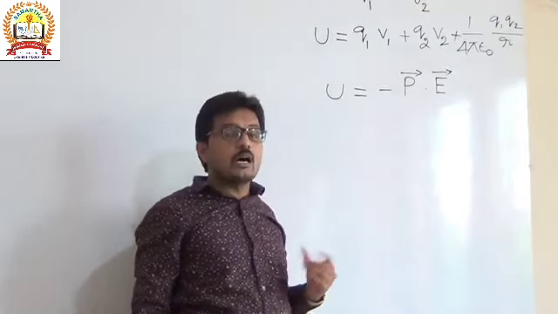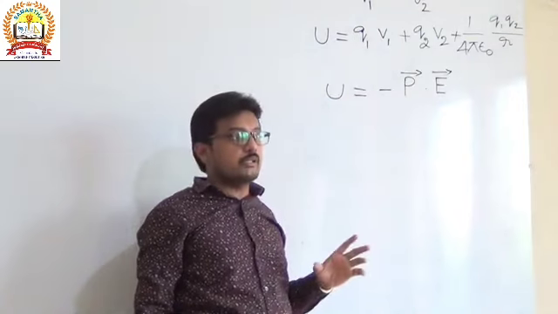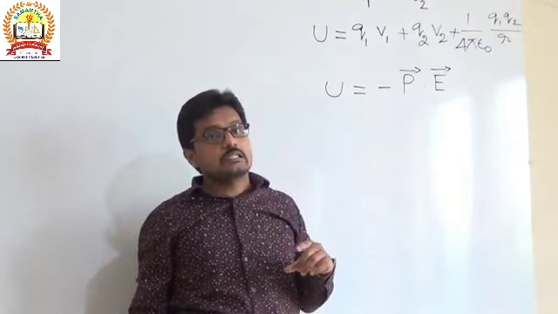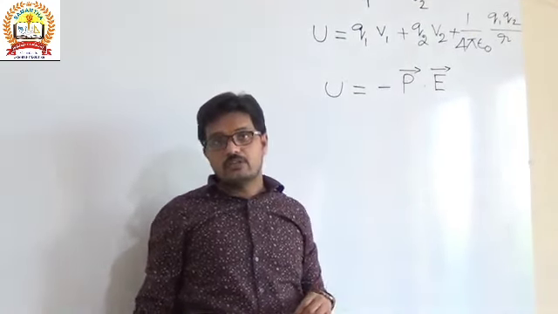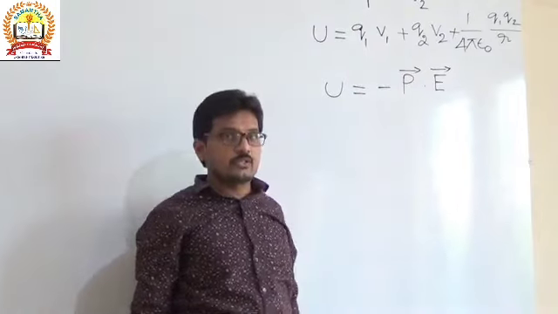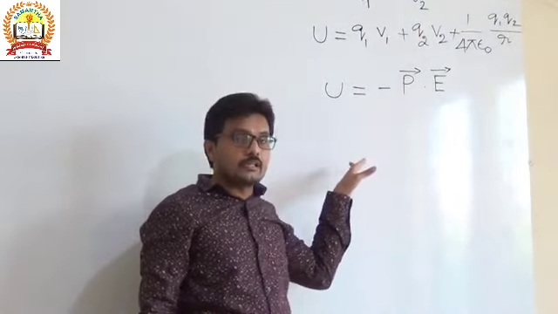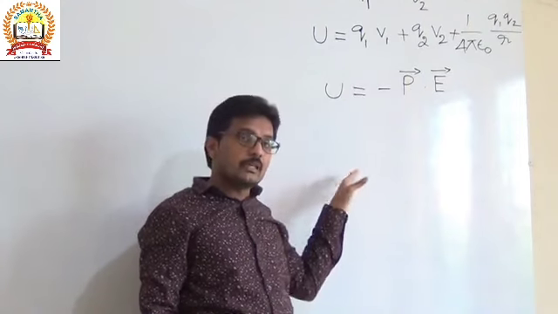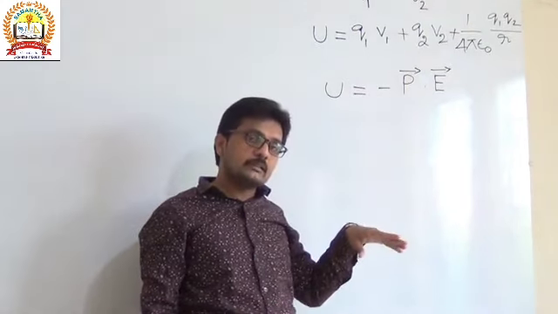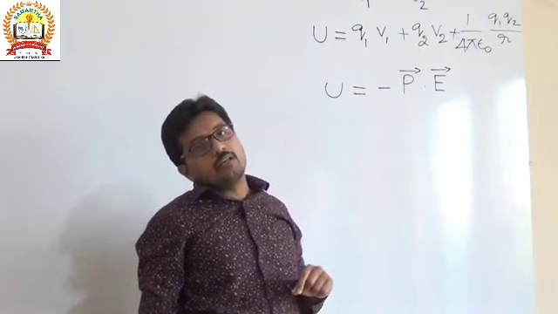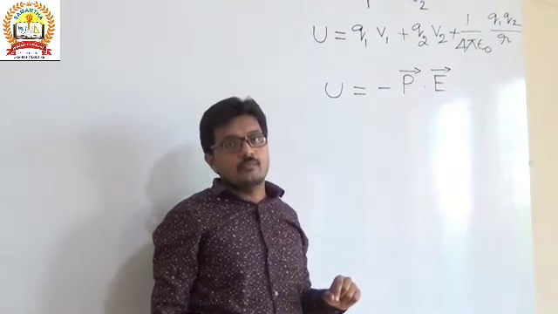And the torque will be 0, because in torque we get the sine of the theta value, which is 0, and sine 0 will be 0. If theta is 180 degrees, it means that the dipole moment and the electric field are anti-parallel.